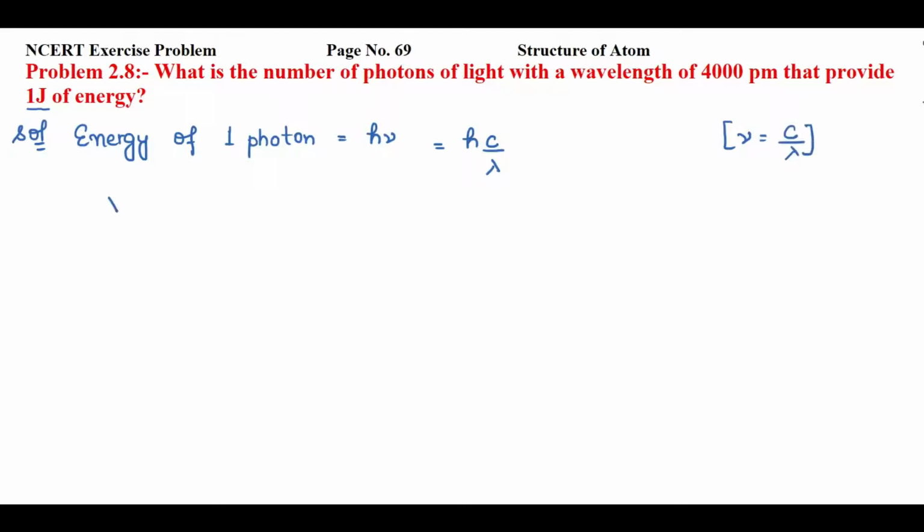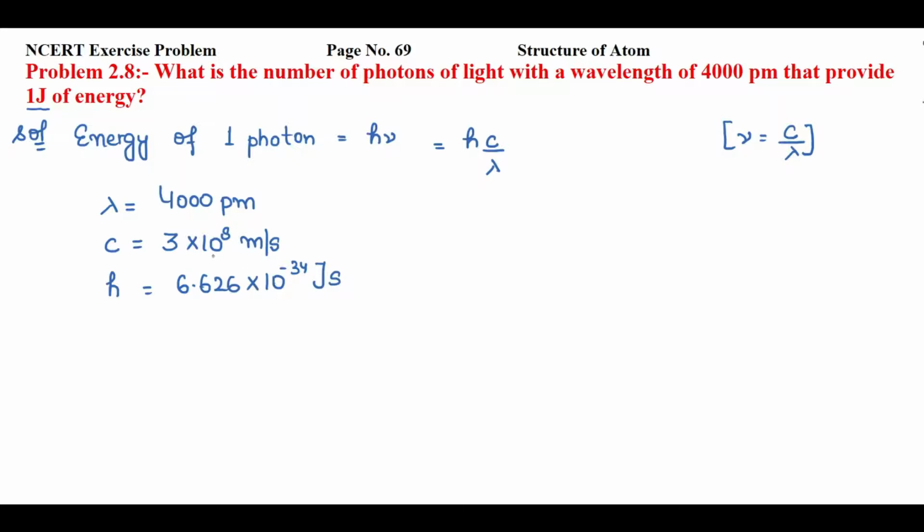Now we are having the value of lambda, that is 4000 picometer. And c is the velocity of light, 3 into 10 raised to power 8 meter per second, and h is Planck's constant, 6.626 into 10 raised to power minus 34 joule second. You have to remember this value.